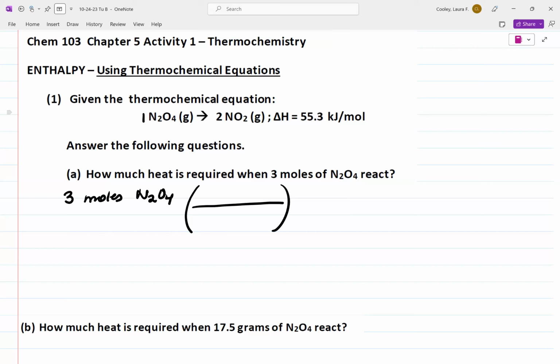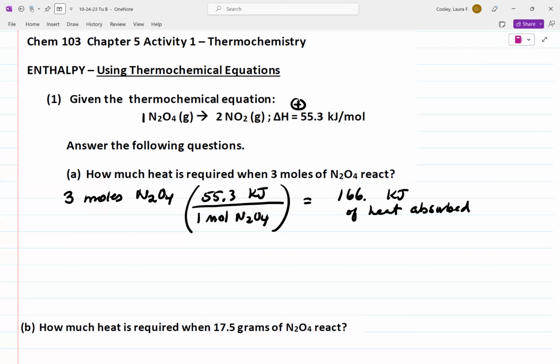So what do I write down here? 1 mole and 204. And what do I put on top? That's right. Okay. So this is just like what I did for 4 moles. And then you have to ask yourself, is heat released or is heat absorbed? Since this sign is positive, it means heat was absorbed or required.